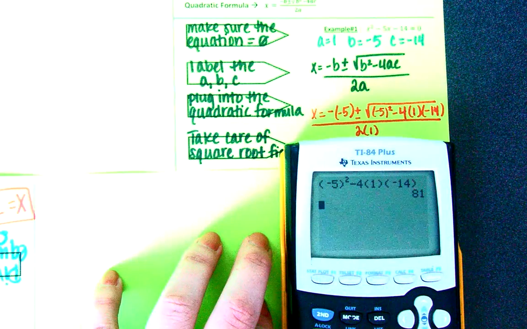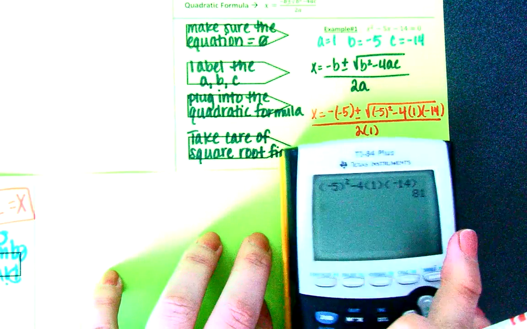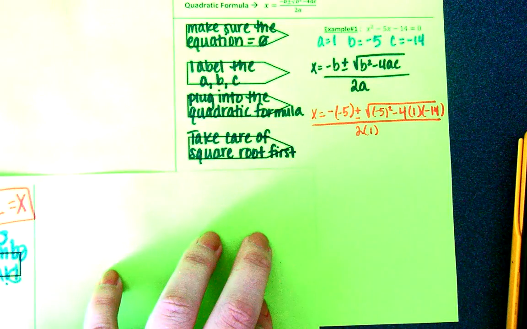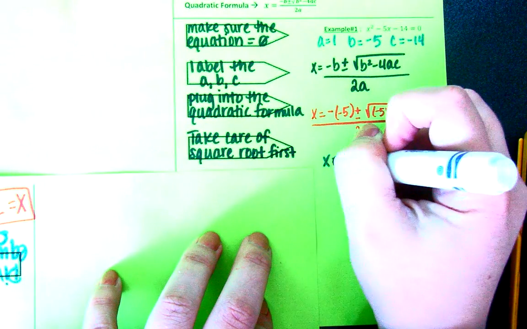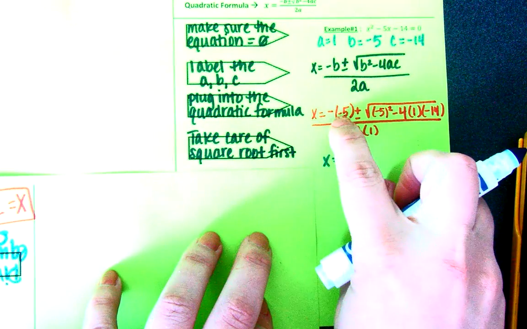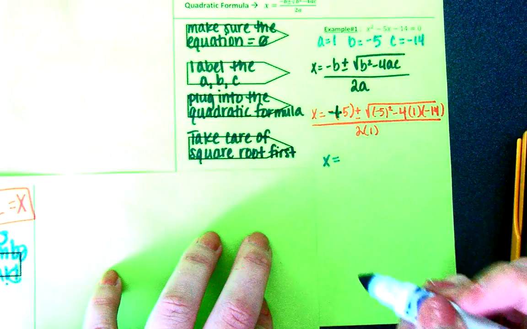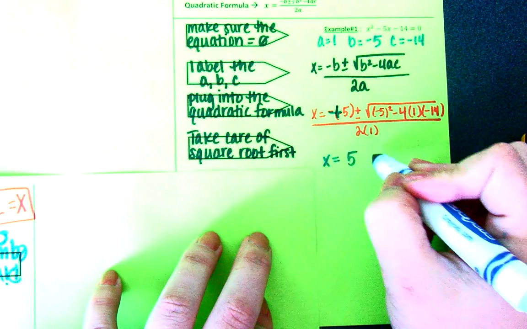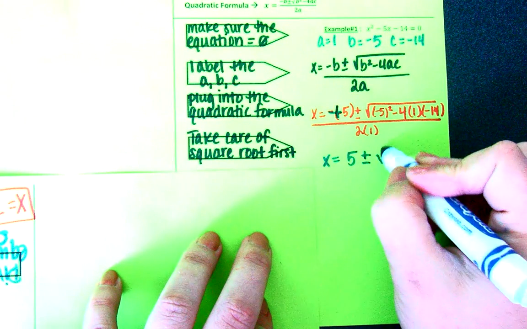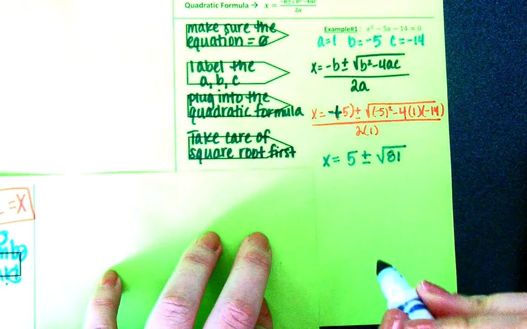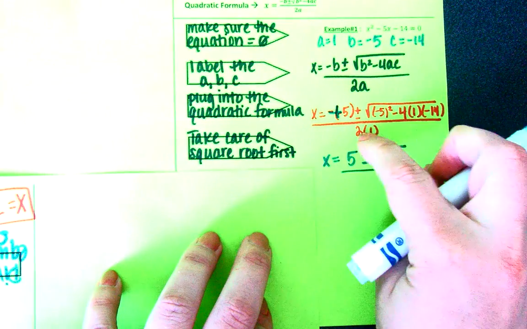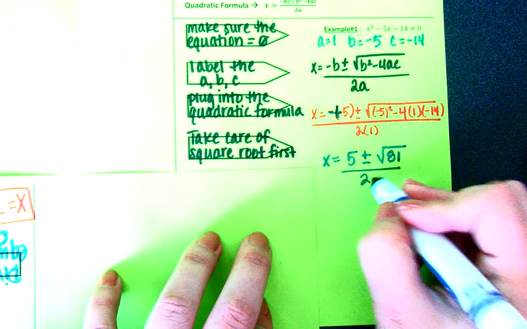Hit enter and you get 81. So you would rewrite it now as x equals, let's go ahead and simplify some of the other parts. A negative times a negative turns to a positive, so x equals 5 plus or minus the square root of 81 all over, what's 2 times 1? Well, 2.